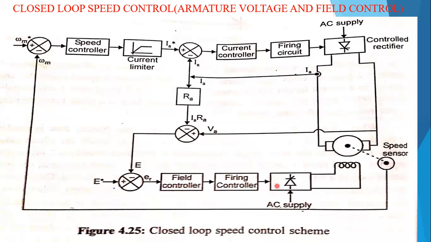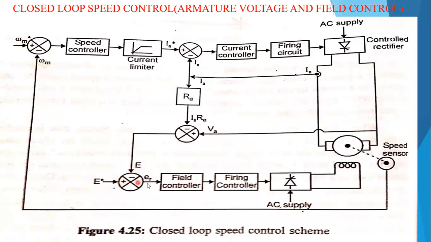Understood? So what is the error? E star minus E, where E is equal to V minus IA into RA. We have to maintain a very high difference between these two, E star and E, the reference back EMF and the actual back EMF.